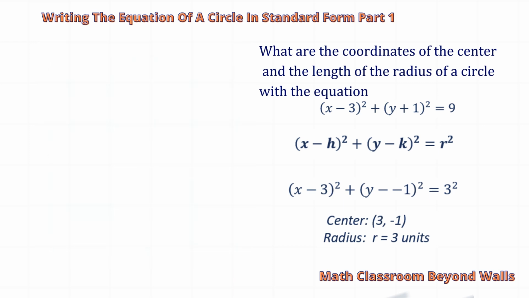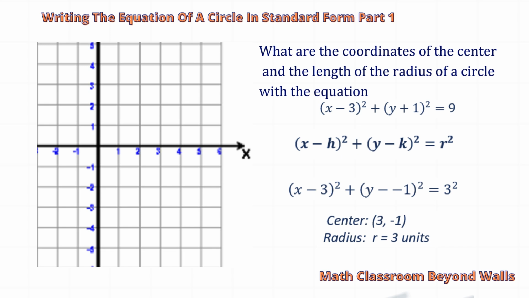To graph, we start by plotting the center. Next, we work on the radius. Remember that the radius is 3 units. Starting from the center, count 3 units to the right, then mark where you stop.